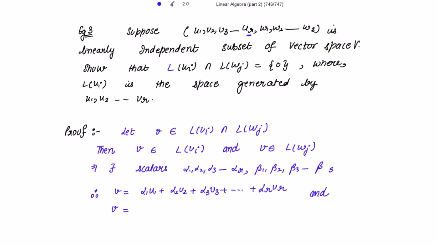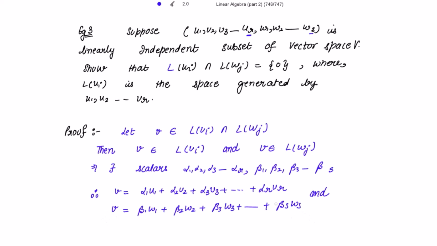And V is also equal to beta 1 W1 plus beta 2 W2 plus beta 3 W3 and so on up to beta S WS, as it is S in number. Now V is equal to this linear combination, and V is also equal to this linear combination.